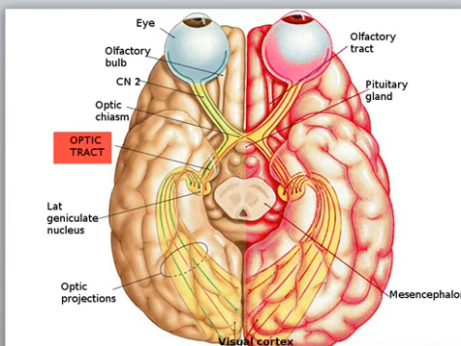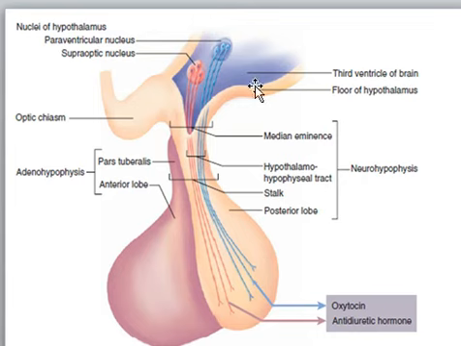Also in this slide we see that the pituitary gland is, as I said, suspended from the hypothalamus, and it has two important structures. The first one is the posterior lobe, and the second is the anterior lobe. The posterior lobe is called the neurohypophysis, and the anterior lobe is called the adenohypophysis.